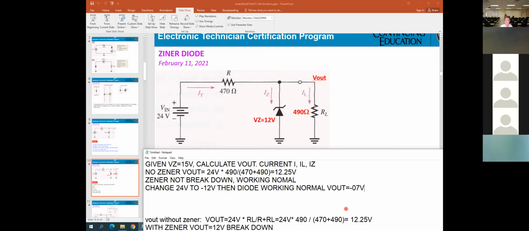Okay, so if you want to calculate the current flowing here, you can take the difference between the voltage here and the voltage here, divide by this resistor. And if you want to get the current flowing to here, this is the battery minus 0.7 divided by 490.